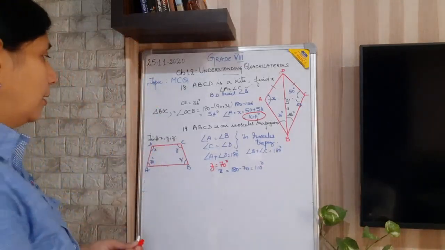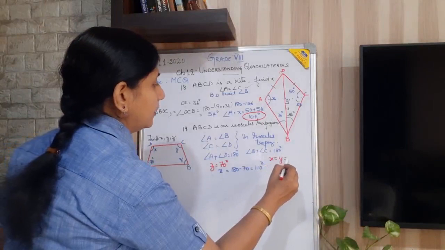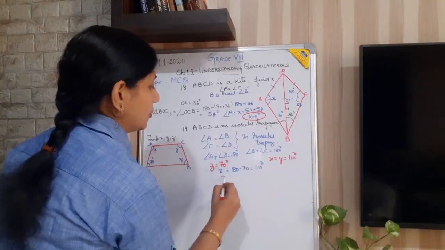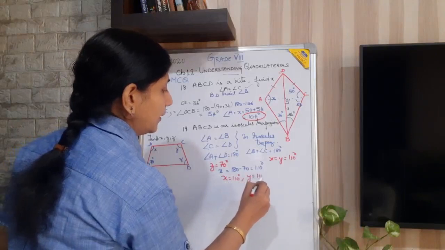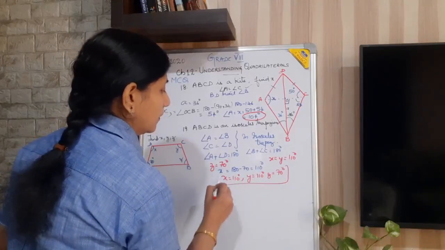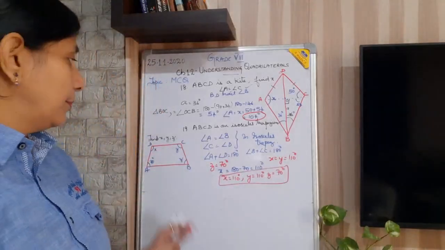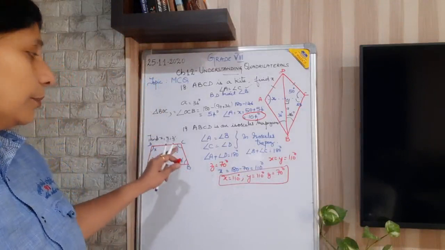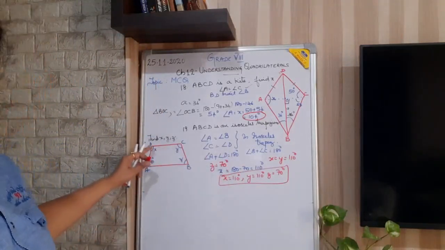So x is equal to y, that's 110 degrees. So you got x equal to 110 degrees, y equal to 110 degrees and z equal to 70 degrees, because it is an isosceles trapezium. Base angles are equal.